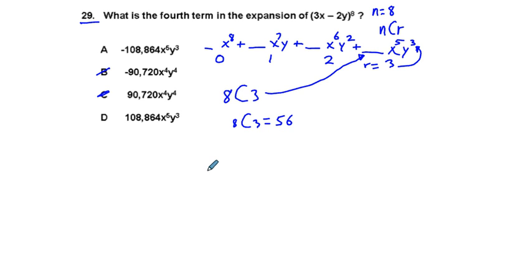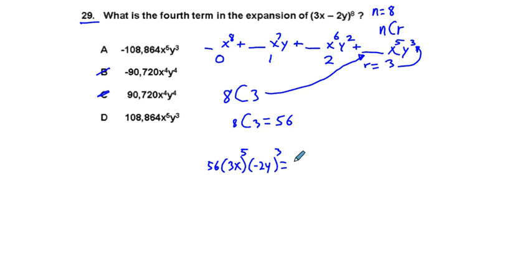So our answer is going to be 56 times 3x to the 5th power times negative 2y to the 3rd power.